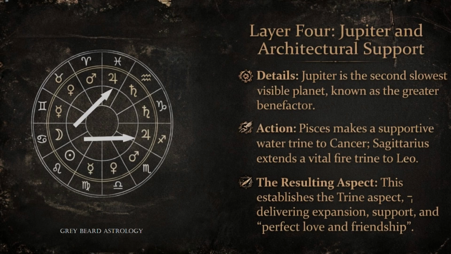So now we're going on to the next layer, which is Jupiter, archetypal support. So now Jupiter, in a flanking motion from the Sun and Moon, takes up residency next to Mars in Chaldean Order. So Jupiter is the second slowest visible planet, also known as the Great Benefic.